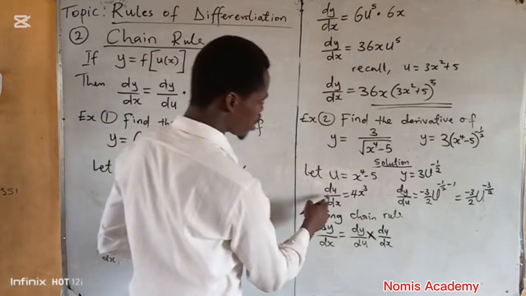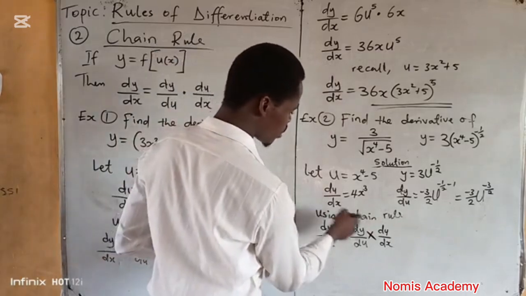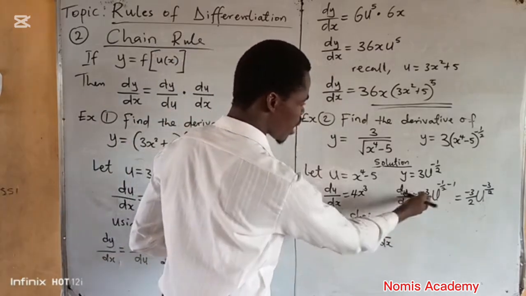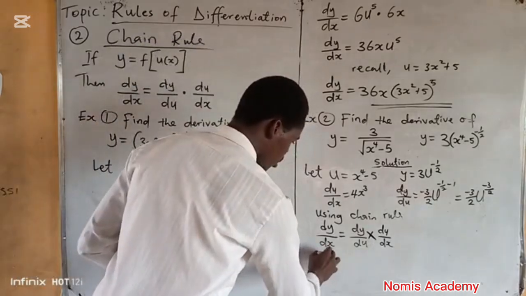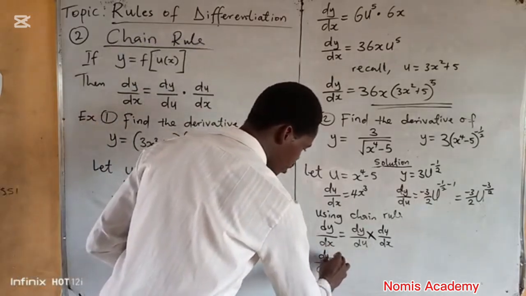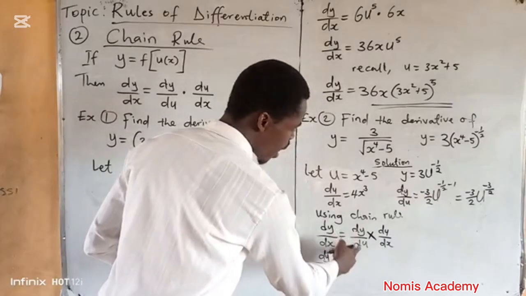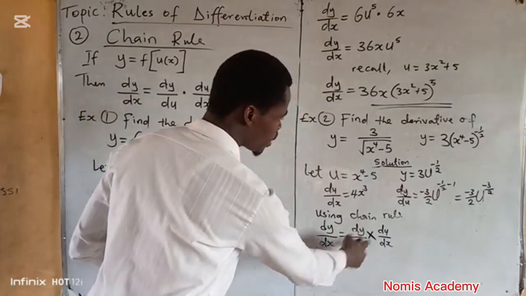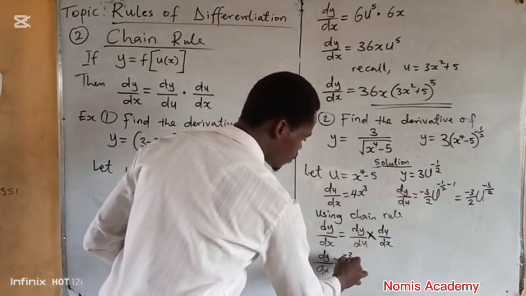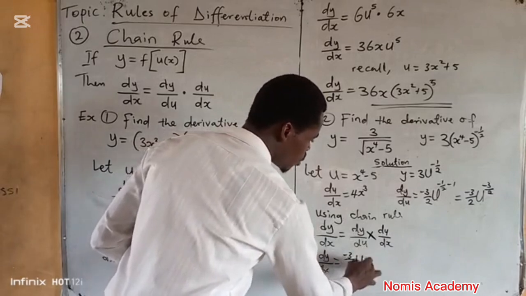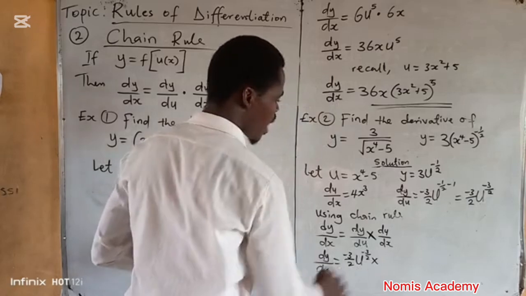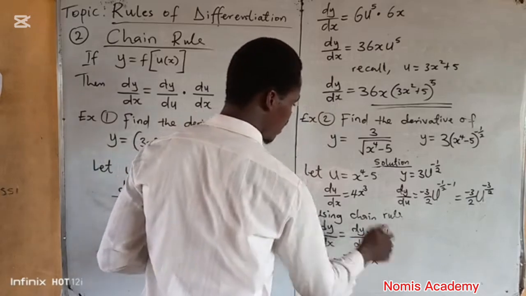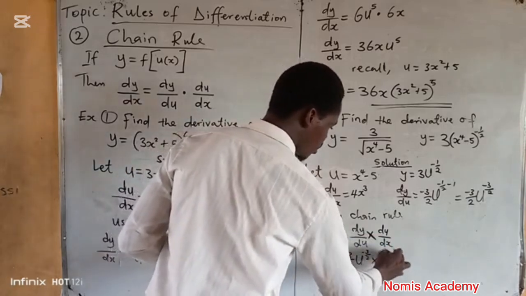Alright, I'm going to substitute the value of du dx and dy du in the chain rule. So that will be dy over dx equal to dy over du, which is minus 3 over 2 u raised to the power of minus 3 over 2, multiplied by du over dx, which is 4x cubed.